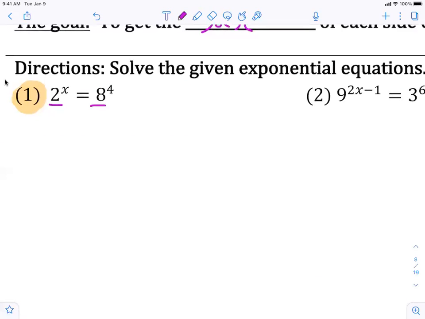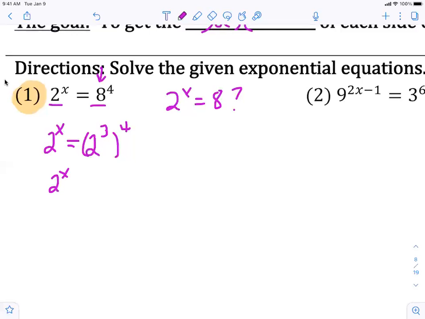So how can we rewrite either the first base or the second base to end up being a base of 2? I ask myself, is 2 to some power actually equal to 8? And the answer is yeah. If I rewrite 8 as 2 to the third power, now you have the same base.